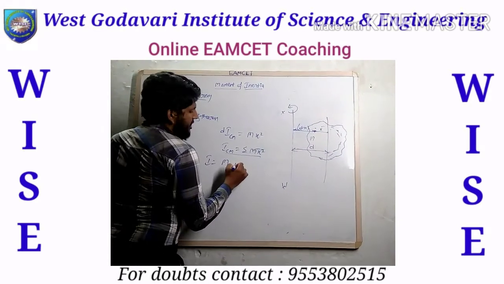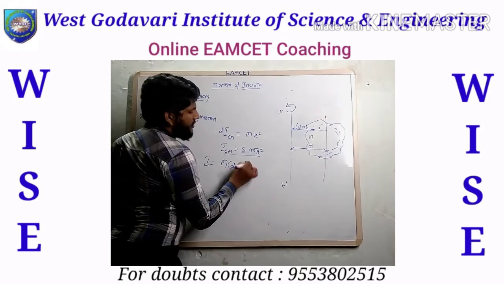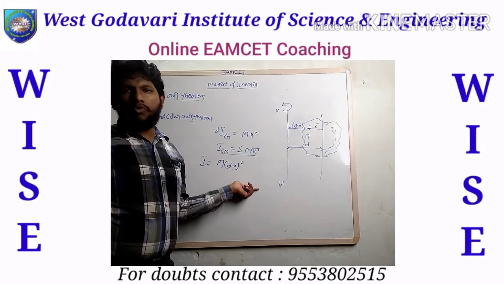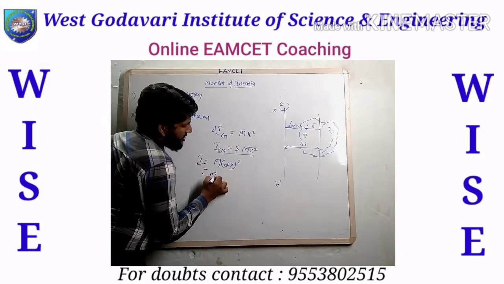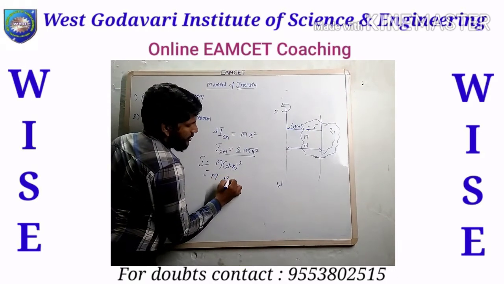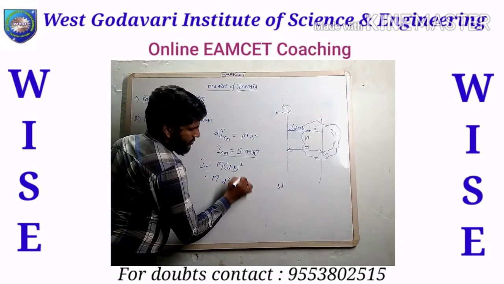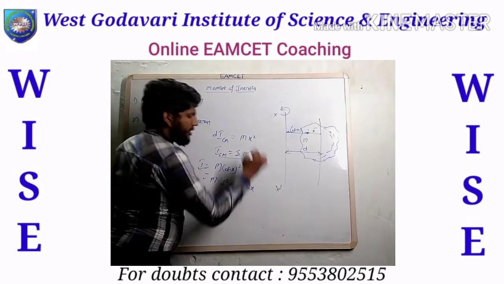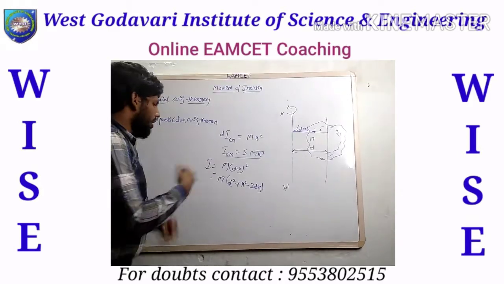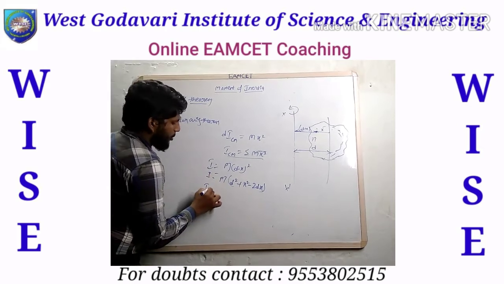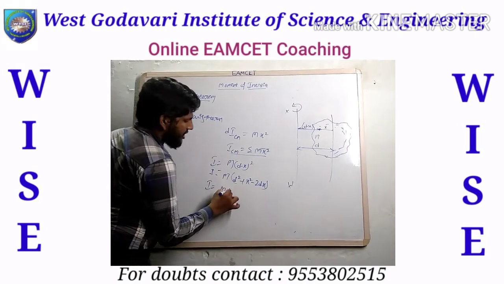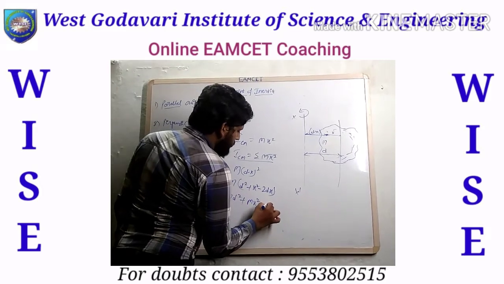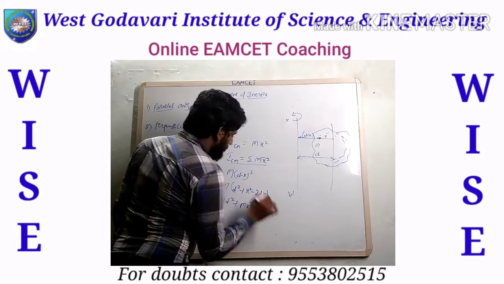So the square of distance means d minus x whole square. We substitute the (a minus b) whole square formula: a square plus b square minus 2ab, so mass into d square plus x square minus 2dx. Now I equal to multiplying with the mass: m d square plus m x square minus 2 d m x, right?